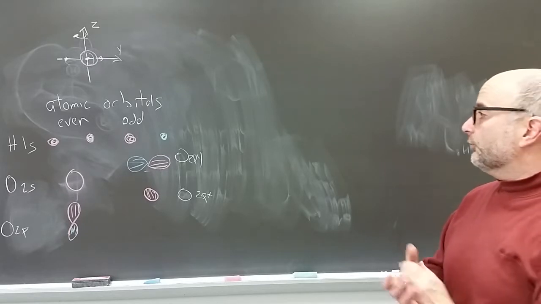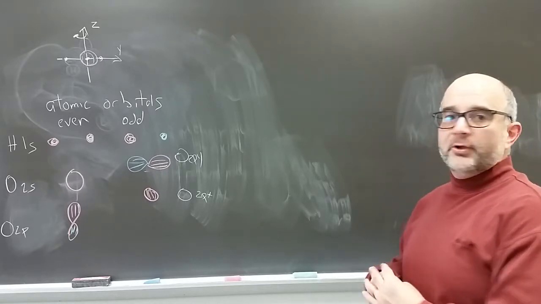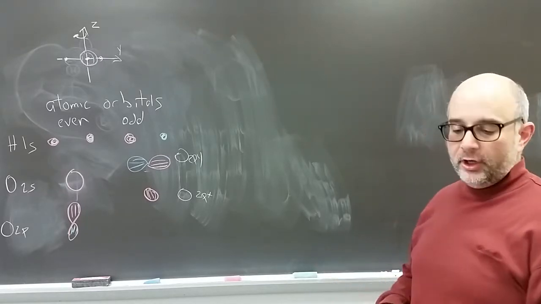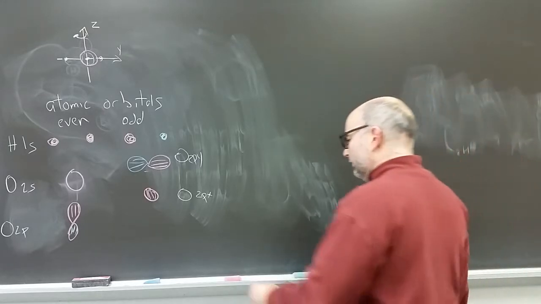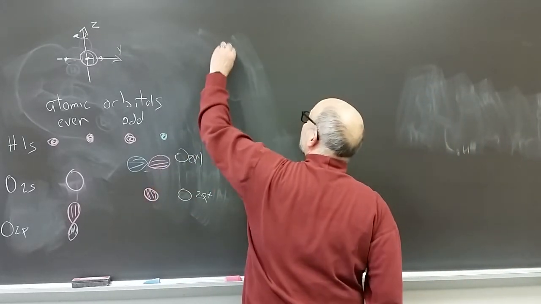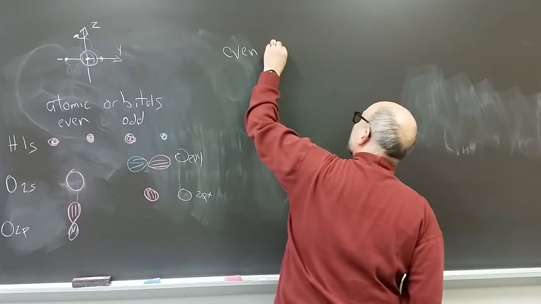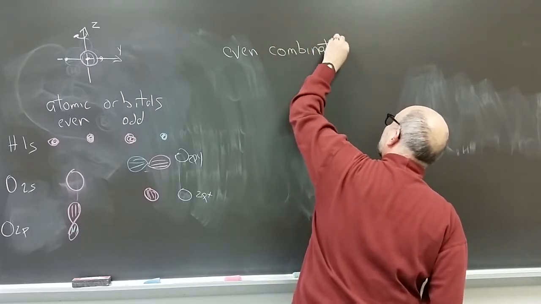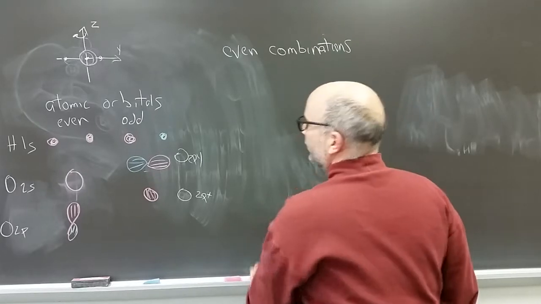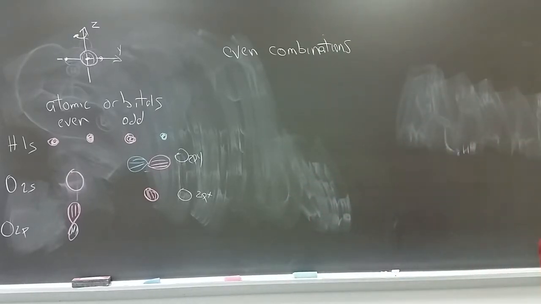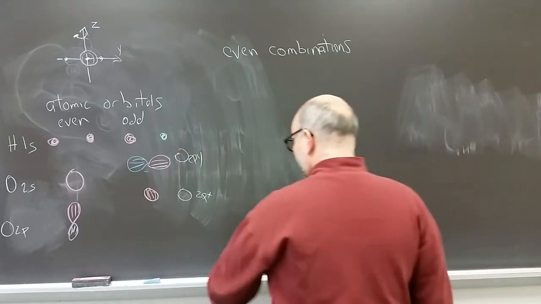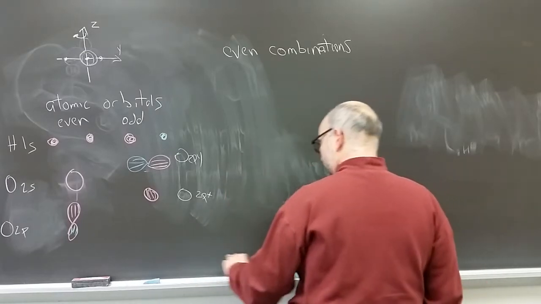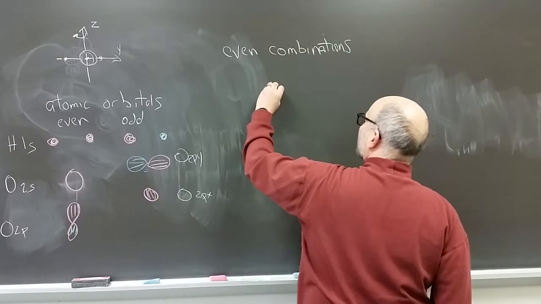Now, we're going to stick with the rule that evens mix with evens and odds combine with odds and see what kind of combinations we can get. So the even combinations. Let's do the simple ones. Let's start the coordinate system here.